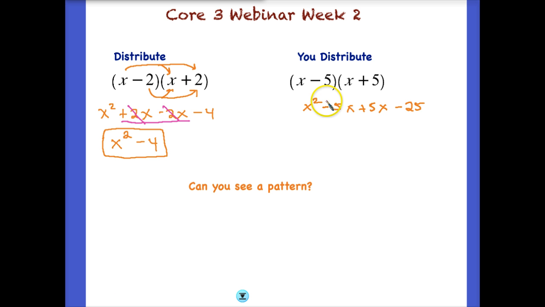So, once again, the negative 5 and the positive 5 just go away. And what you're left with is x squared minus 25. So it looks like Donovan saw the pattern. How about the rest of you guys? Are you guys seeing the pattern?